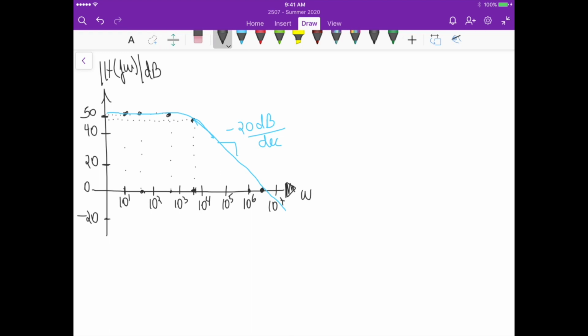Okay, for the phase, we just have to calculate some values here again, so 10 to the 1, 10 to the 2, 10 to the 3, 4, 5, 6, 7.